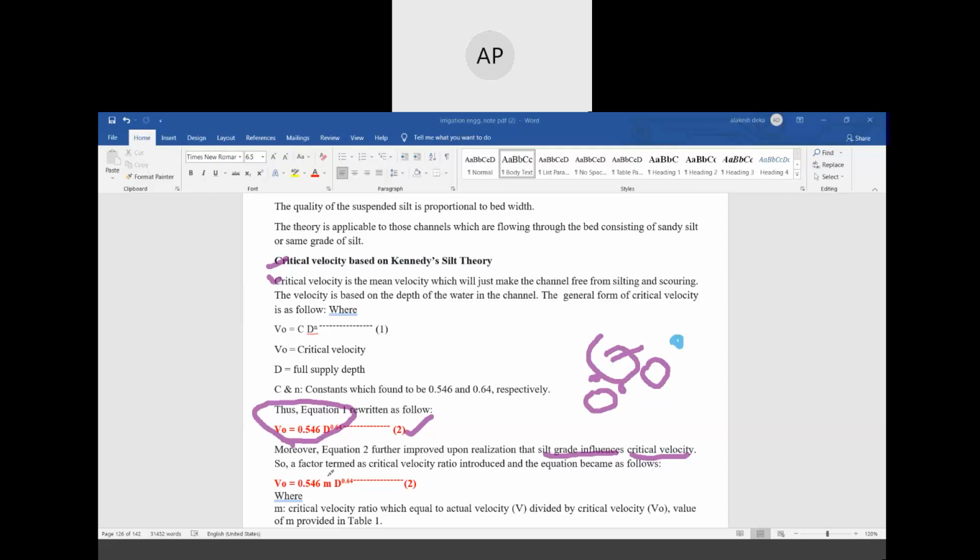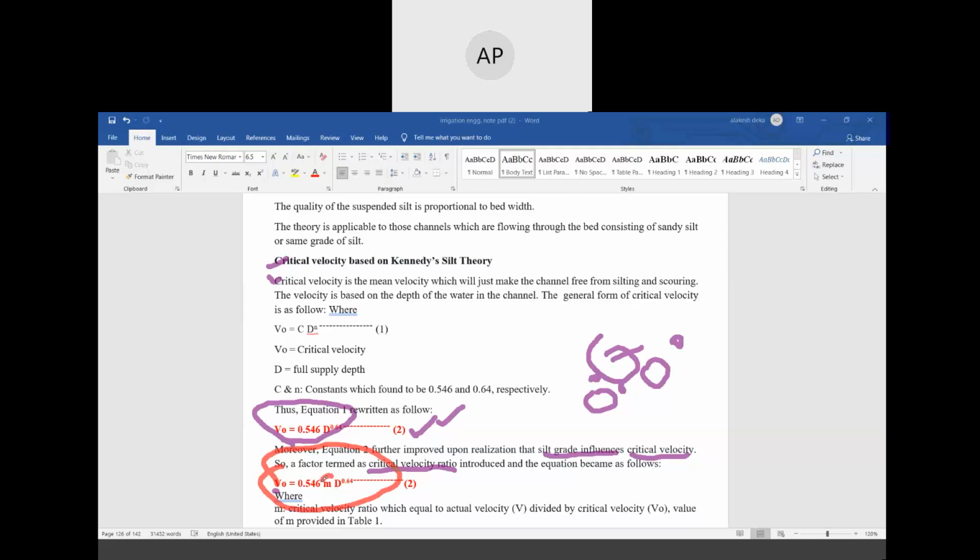So a factor termed the critical velocity ratio was introduced in the equation, and this equation 2 is modified as V naught equal to 0.546 m d to the power 0.64.